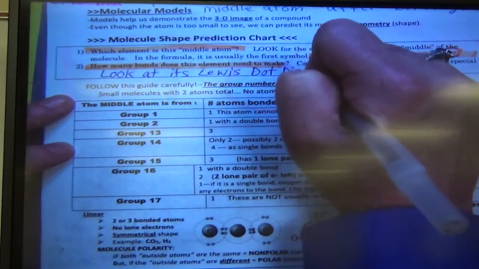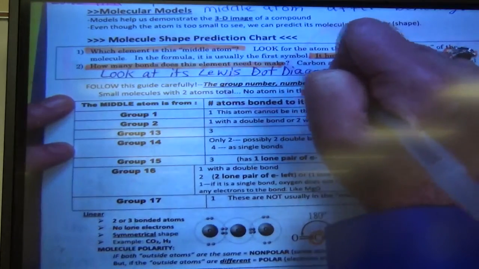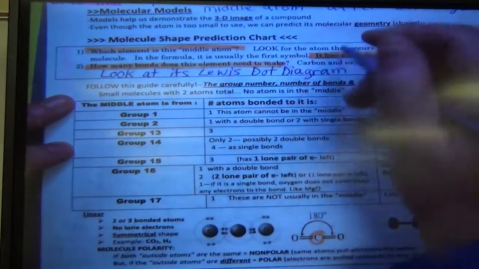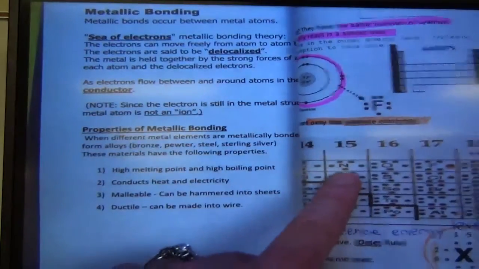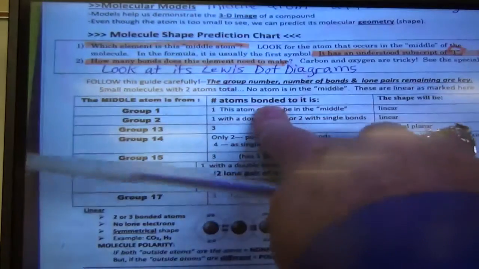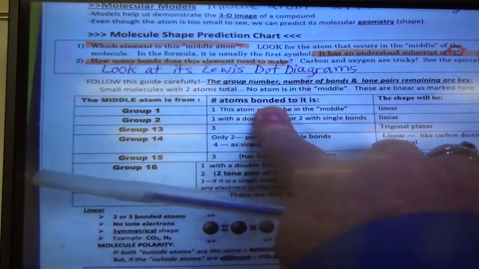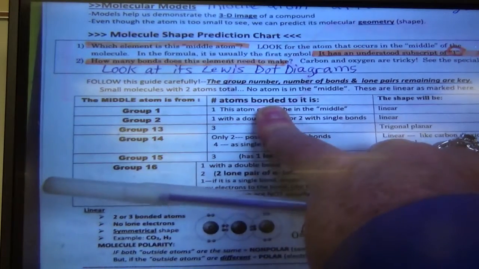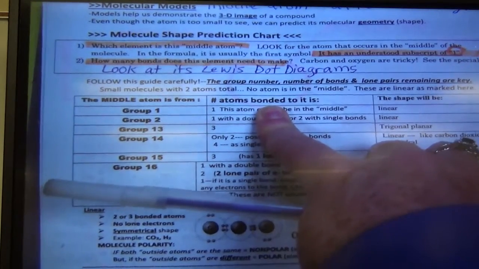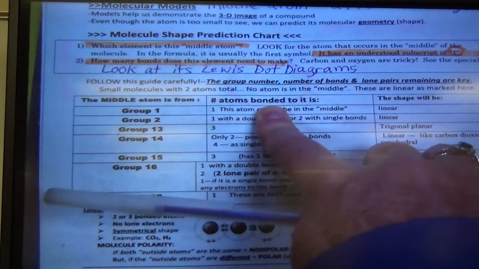Well, here we go again. I put them on the front page of the notes so that you could look up the Lewis dot diagram in case you don't remember or didn't really learn it that well. After you've looked them up a lot, you probably will start to learn how to do it even if you really didn't learn it at all yet.